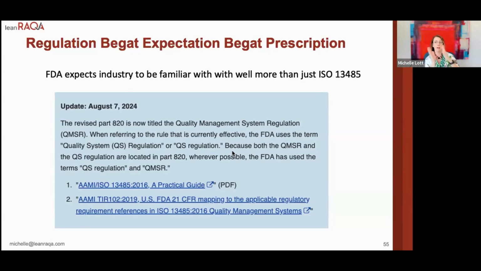But if you want to understand what we think about that clause in ISO 13485, then you need to read these other 2 documents, and they cost money, at least the practical guide does. This TIR, I believe, is free. I know there's a handful of them on the Amy website. Not all of them are free, but some are. I have other presentations where we can talk about which ones are free if we need to follow up.